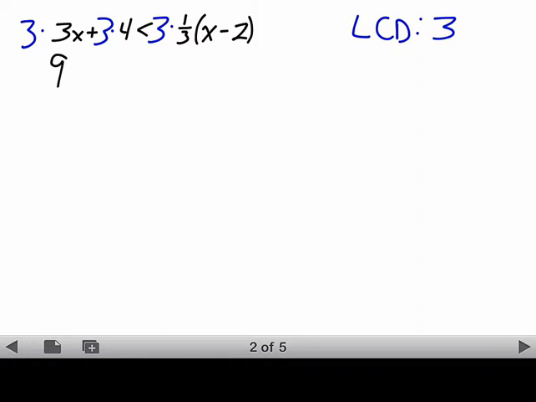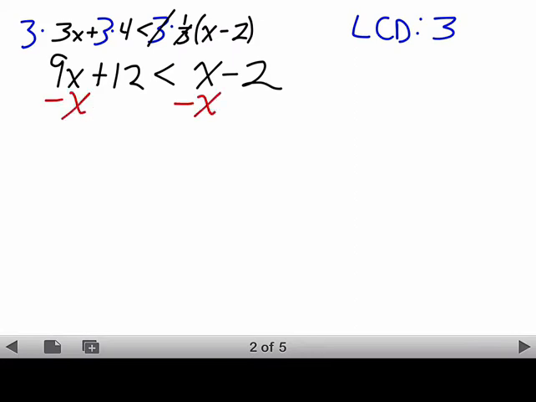The first term becomes 9x, and then we have plus 12 is less than. 1/3 times 3 becomes 1, and I don't need to write that. I can lose the parentheses entirely and just write x minus 2. I'm going to subtract x from both sides. That'll give us 8x plus 12 is less than negative 2.